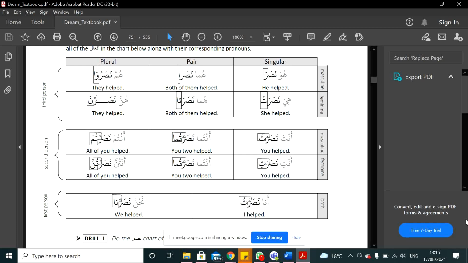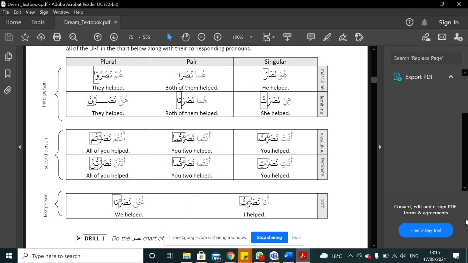Huwa nasara. Huma nasara. Hum nasaru. Hiya nasarat. Huma nasarata. Hunna nasarna. Anta nasarta.